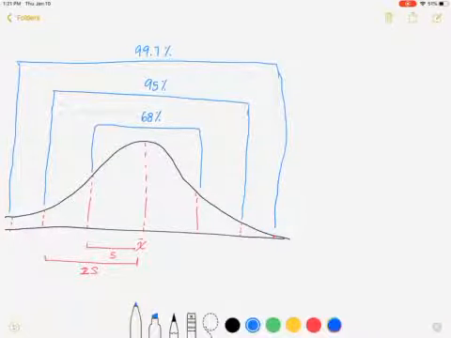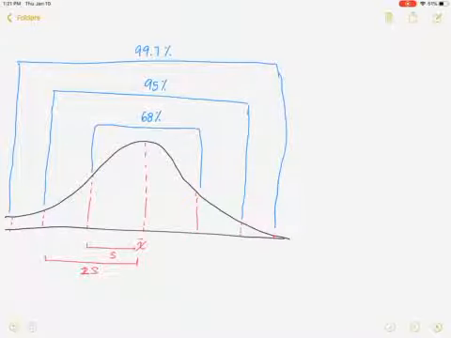Then that means if I break down the percentage into each region here, then within the one standard deviation, below the mean we have 34% of the data. Above the mean is also 34% because it's symmetric. Then on the other two sides, it's going to be 13.5%.